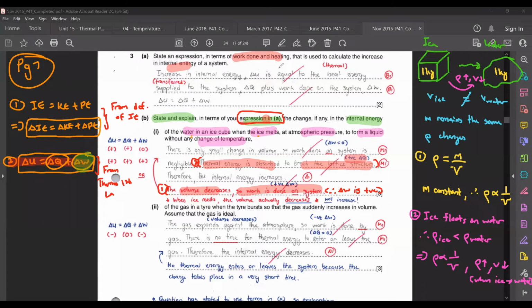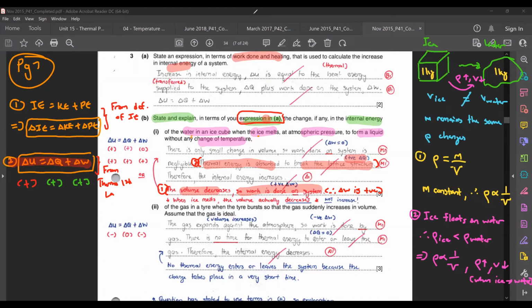Okay, so if you look at the definition of the thermodynamic first law, let me just get rid of some of this. If your work done was positive, and then your heat is also positive, wouldn't this tell you that delta U is positive?